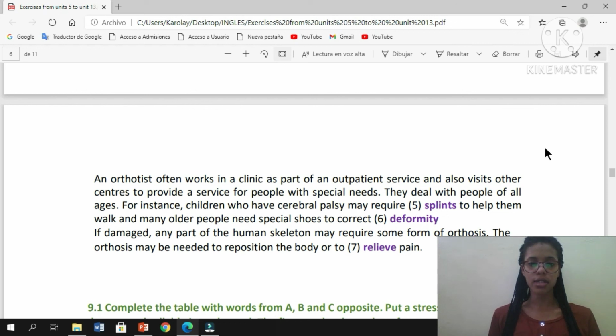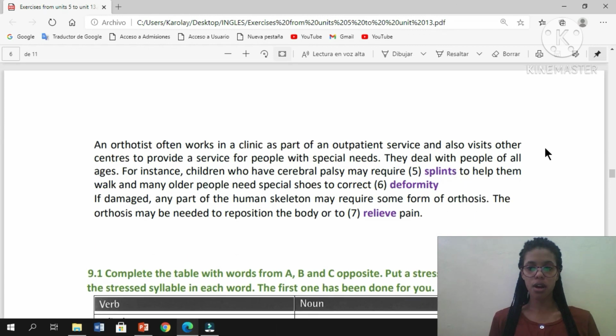For instance, children who have cerebral palsy may be referred for a splint, while any other people who need special shoes to correct a deformity, or who have any part of the musculoskeletal system injured, may require some form of orthosis. The orthosis may be needed to reposition the body or to relieve pain.